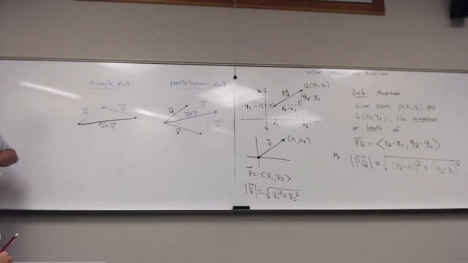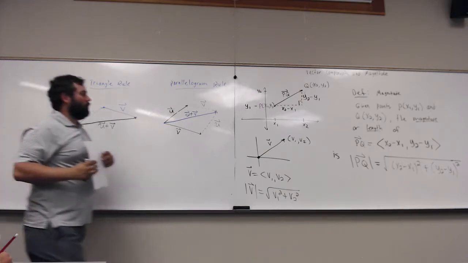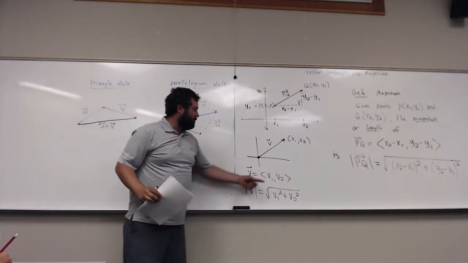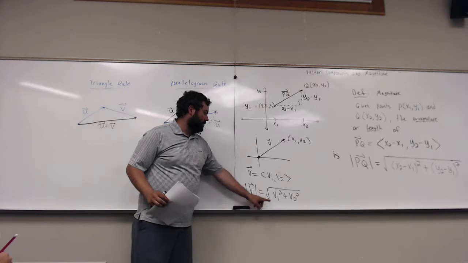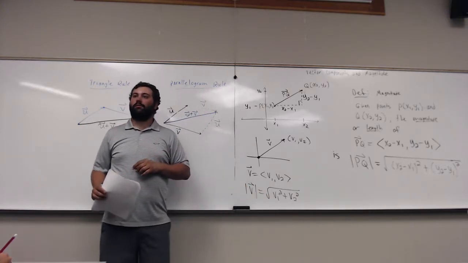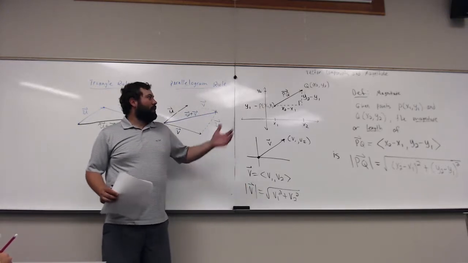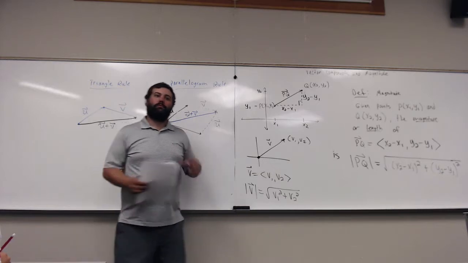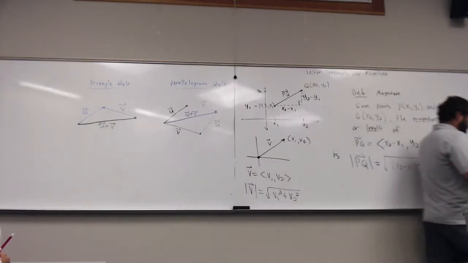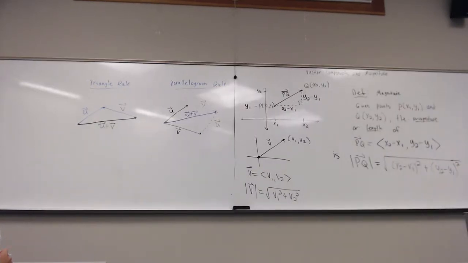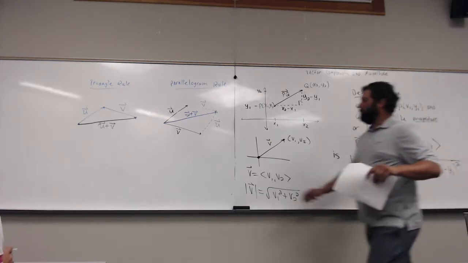So you've got the vector between two points with its components and its magnitude. Or you can take the vector in standard position with its components, and then the magnitude is the square root of the sum of the squares of the components. This is all just coming from the Pythagorean theorem. So we're going to calculate components and magnitude in our next example.